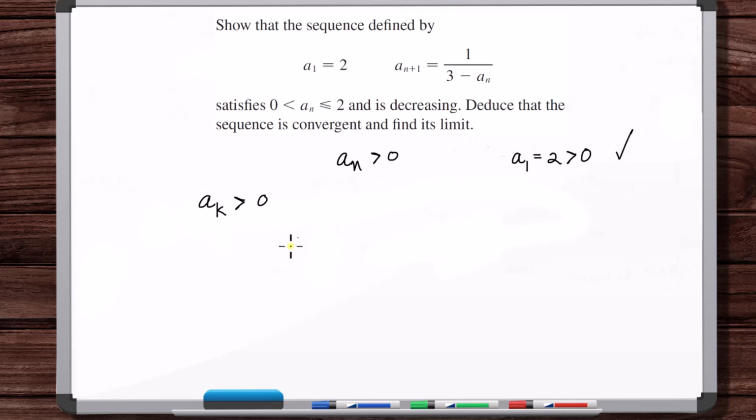Okay. So now let's add 3 to both sides. Now let's subtract both sides by a sub k. Now let's divide both sides by 3 minus a sub k.